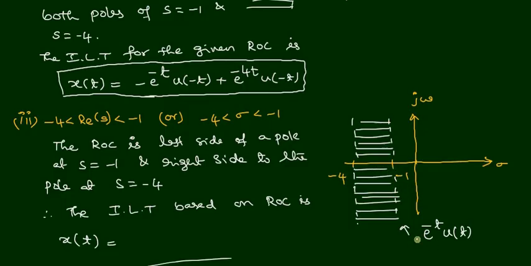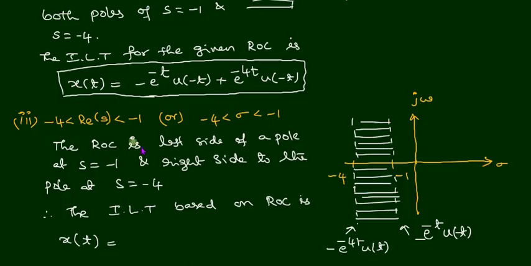Because of the left, we write minus here and similarly minus here. For minus 4, it is e power minus 4t u of t, so we write the function as it is because it is a right side. And for the other one, we write the new polarity.